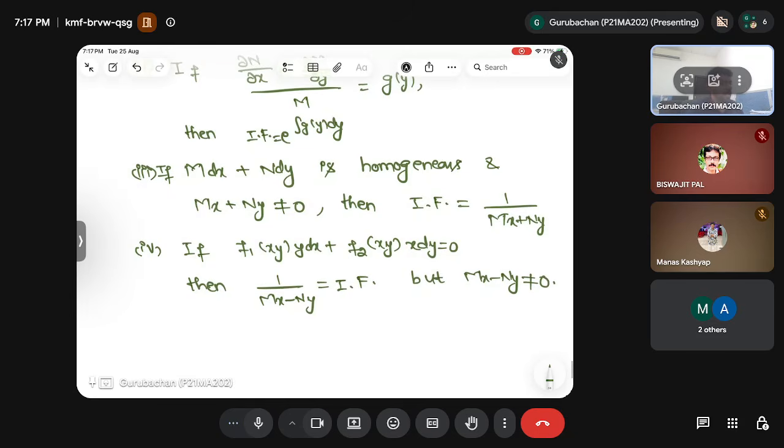And another is some terms of x to the power a or y to the power b; in that scenario you need to substitute and check.